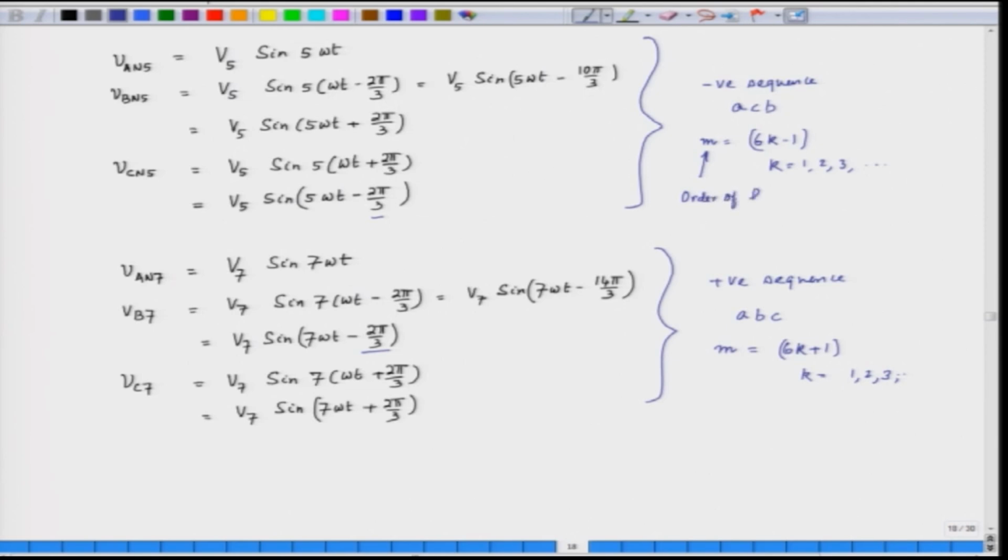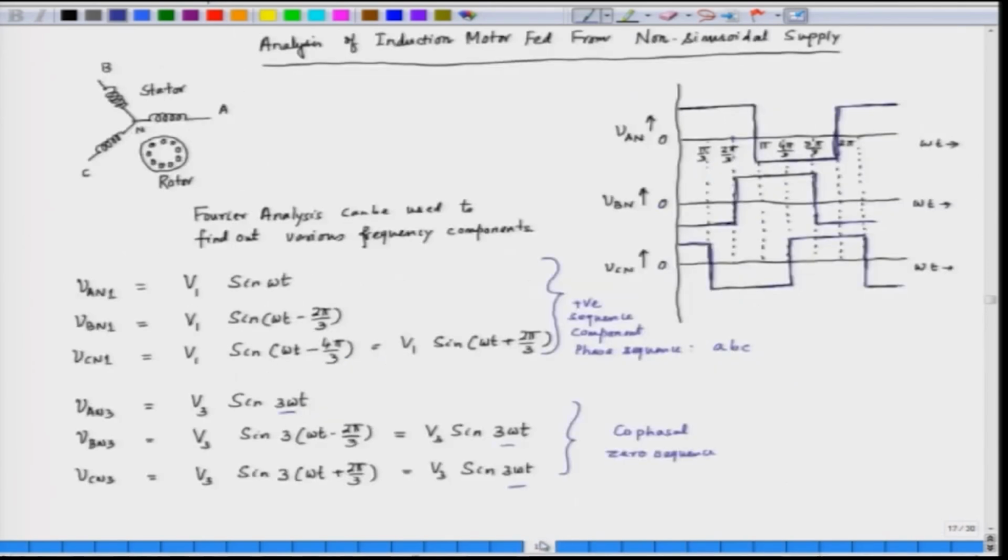Now, if we just go back here, what about the triplen harmonics? The triplen harmonics are given by M equal to 3 k, where k is 1, 2, 3 and so on. And the triplen harmonics are all cophasal, they represent zero sequence voltages.